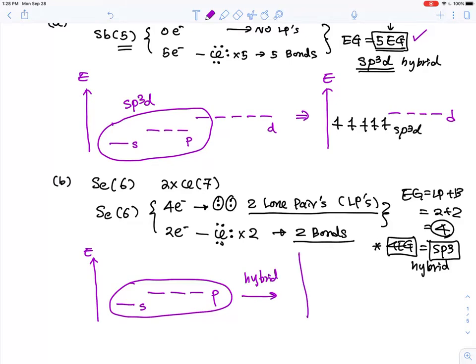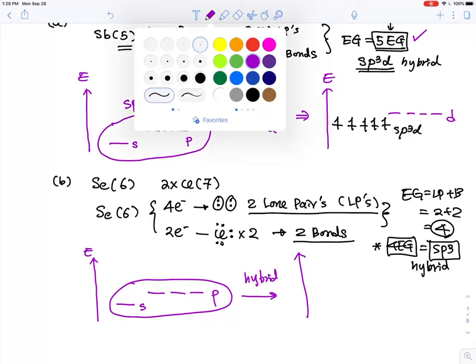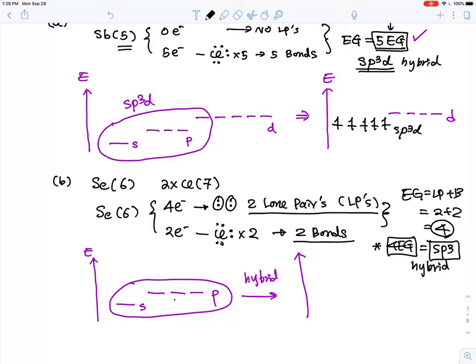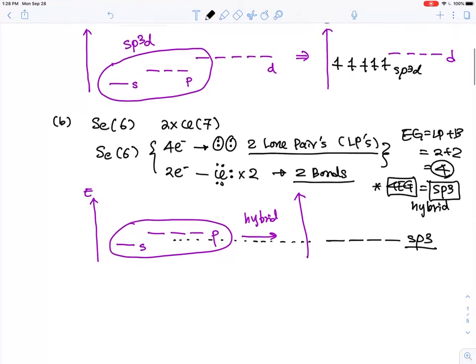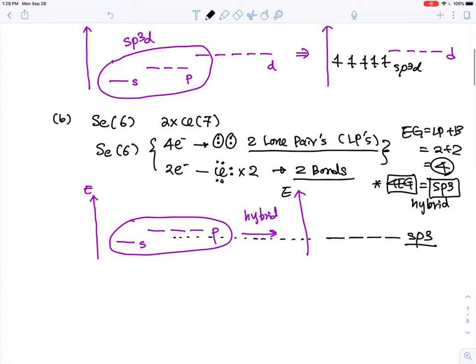And the energy level will be, if you think about it, somewhere in between. I'm going to put the dotted line. That's where you have the 4 sp3 hybrid orbitals that have the same energy level.